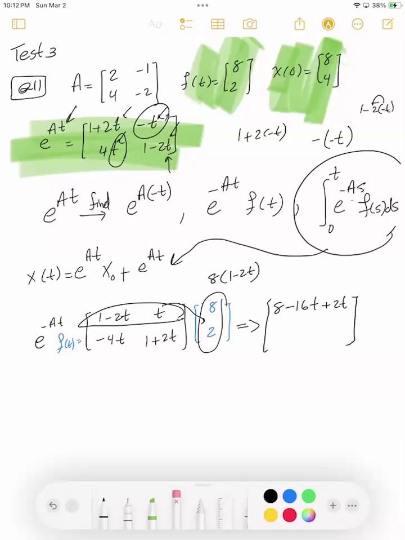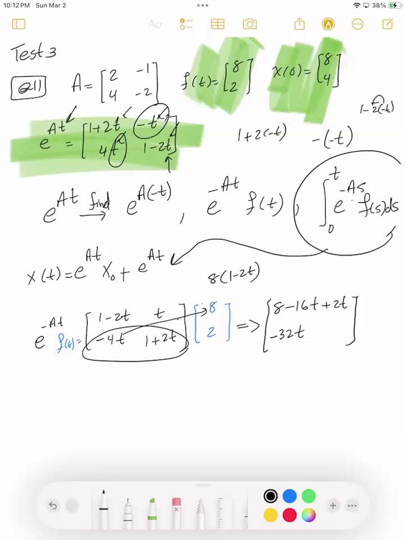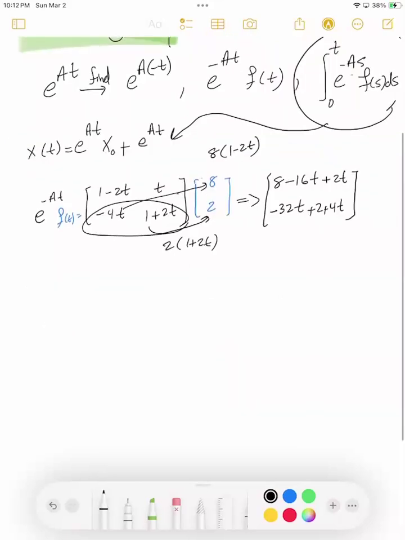Next, we go to the next row and do the same: 8 times negative 4t gives negative 32t, and 2 times 1 plus 2t is 2 plus 4t. We add and collect like terms: we get 8 minus 14t, and here negative 32 and 4 is negative 28t, and then we have a 2.